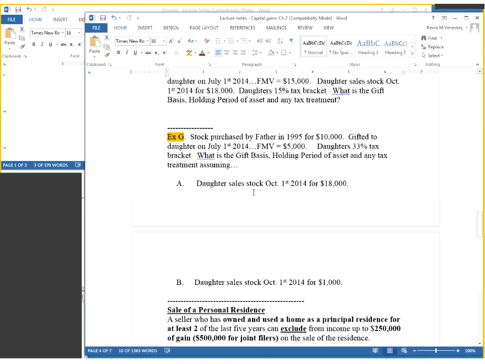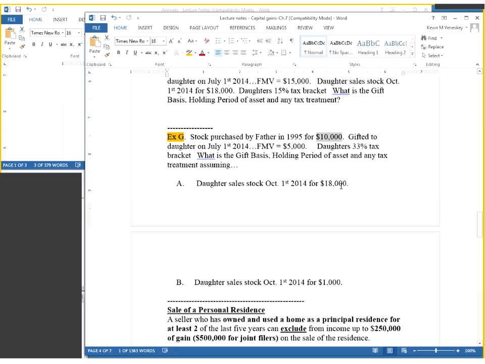Okay, one other example, just going the other way. Dad still has the same item, 1995. However, the value of the stock has dropped. The daughter's in a higher tax bracket. Let's go through the same steps. What if the daughter sold the stock just like the prior time for 18,000? So it definitely went down, then it had a big upturn, and she sold it for a nice little profit.